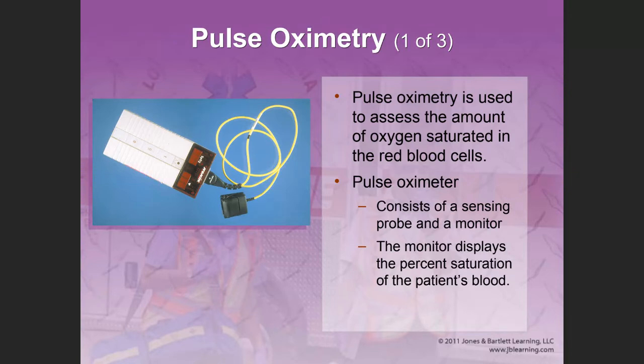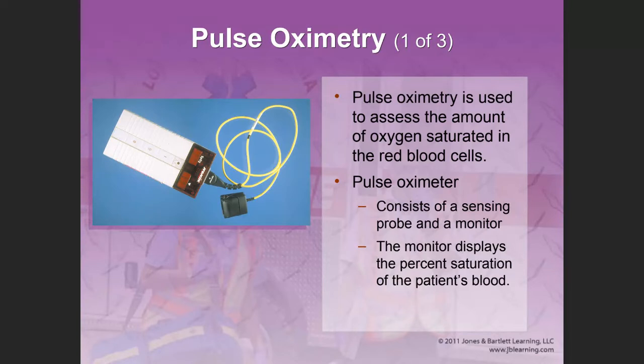Put on the pulse ox, write down the number for the pulse ox reading, the percentage, and then write down the pulse rate because it gives you a pulse rate, and they didn't check the pulse rate, right? So they're just writing down numbers and treating numbers. So if your pulse ox gives you a pulse rate, you need to do a manual check to see that the physical pulse check matches the pulse reading on the pulse ox.